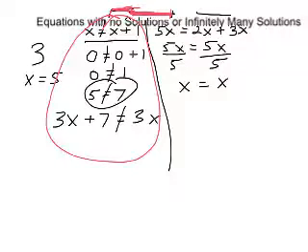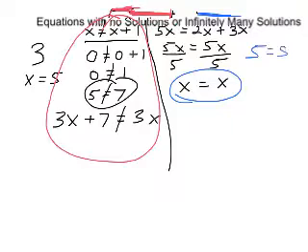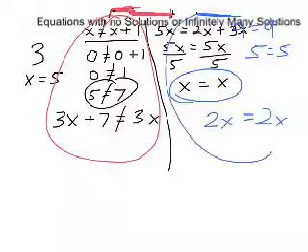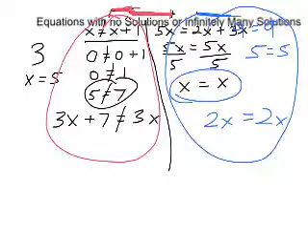When both sides are equal, whether it ends up being 5 equals 5, 9 equals 9, or 2x equals 2x, there are an infinite number of solutions. And then, of course, the third possibility is there's going to be one solution, which is most of the time.